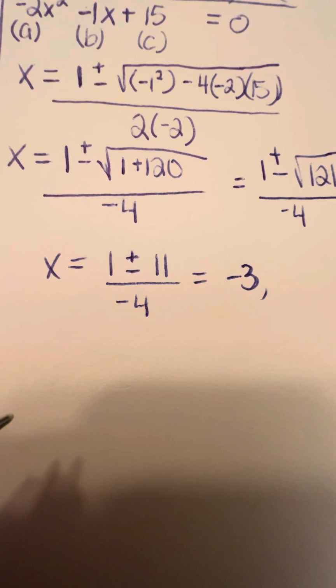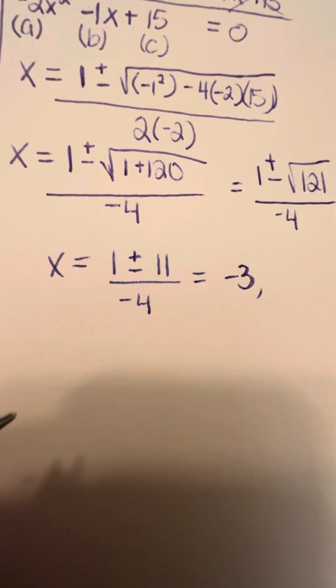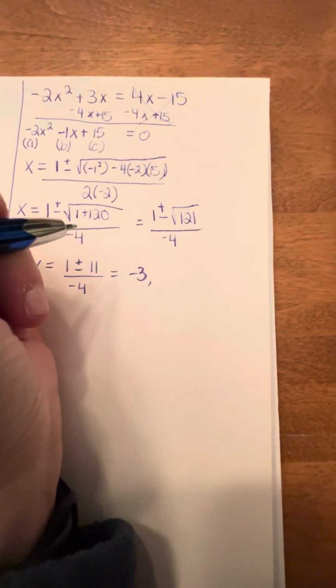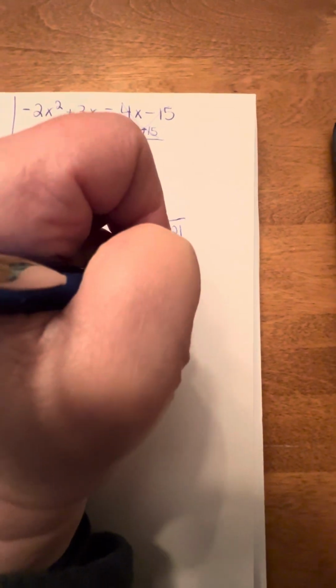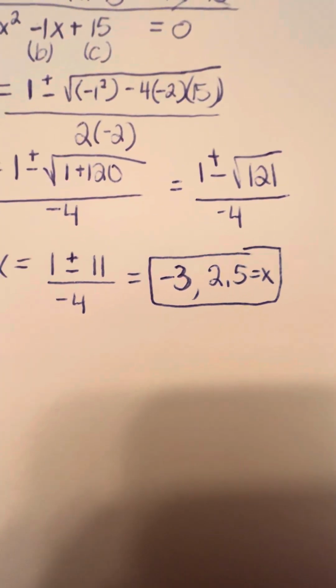So negative 10 divided by a negative 4 is going to end up giving me a negative divided by negative is positive 2.5. So my two answers that x can be equal to are either a negative 3 or a 2.5.